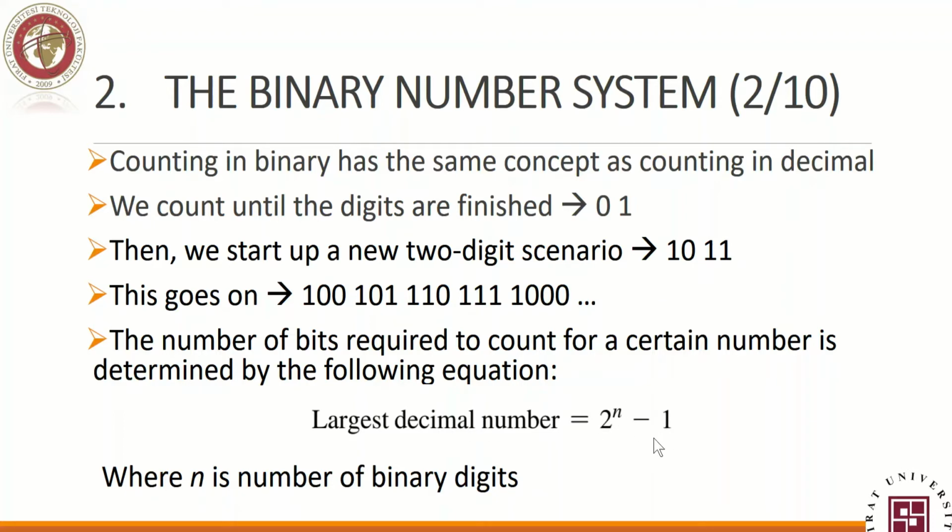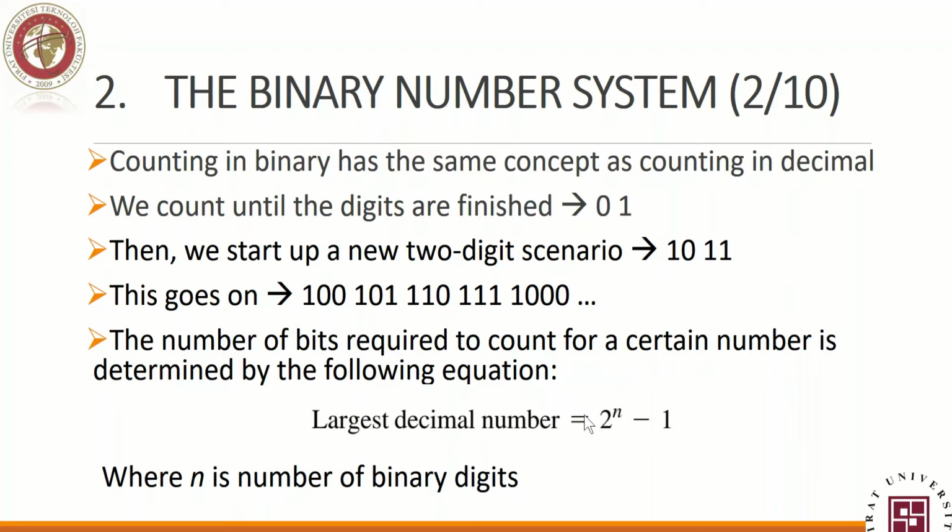If you take this 1 to the left side, so 7 plus 1, that's 8. So 8 equals 2 to the power n. So 8, we can decompose it to 2 to the power 3. So 2 to the power 3 equals 2 to the power n. Bases are equal, so the powers should be equal in this case. 3 equals n, or n equals 3. So by using 3 digits, we can count up to 7 inclusive. Means 0, 0, 0, from 0 to 1, 2, 3 until 7 inclusive in that case.